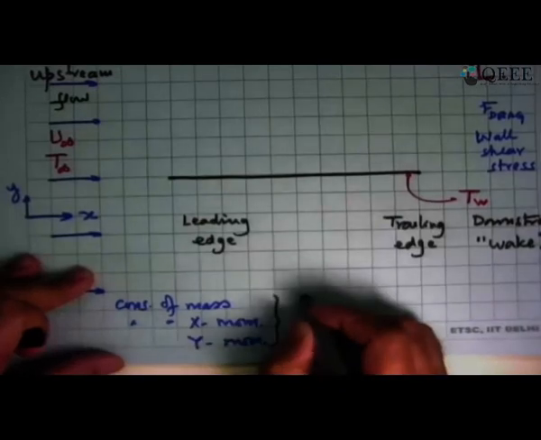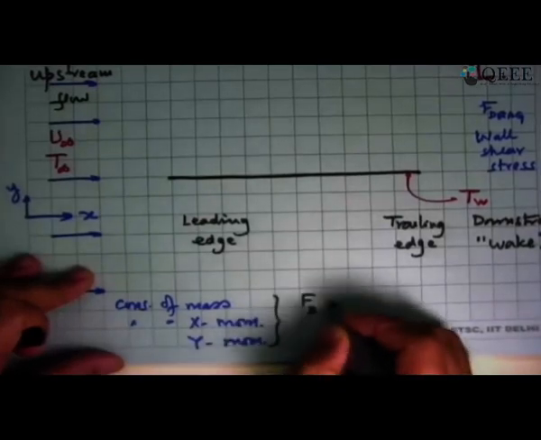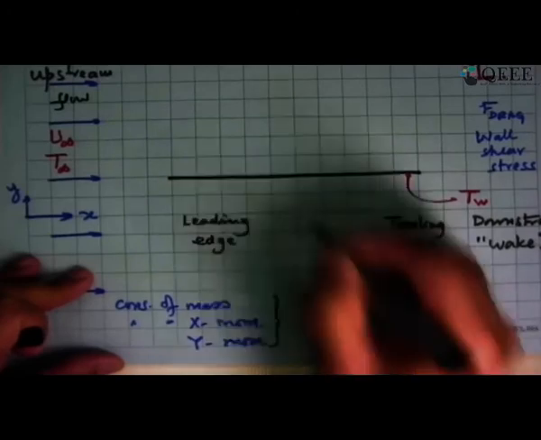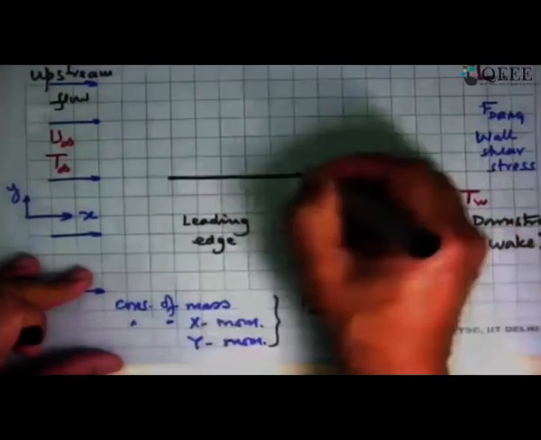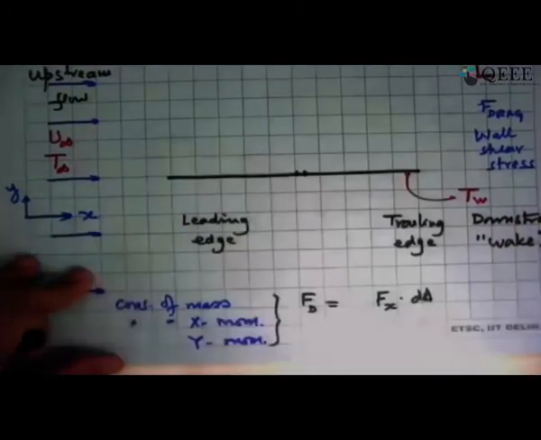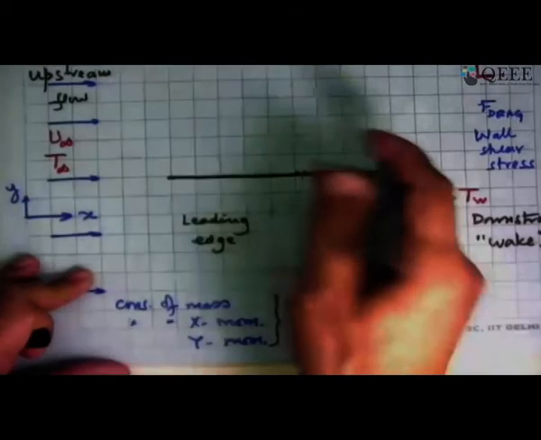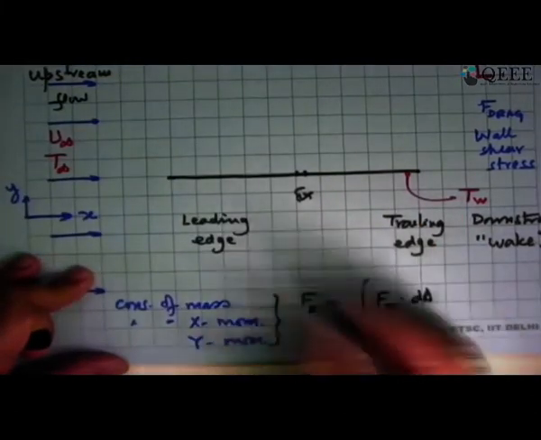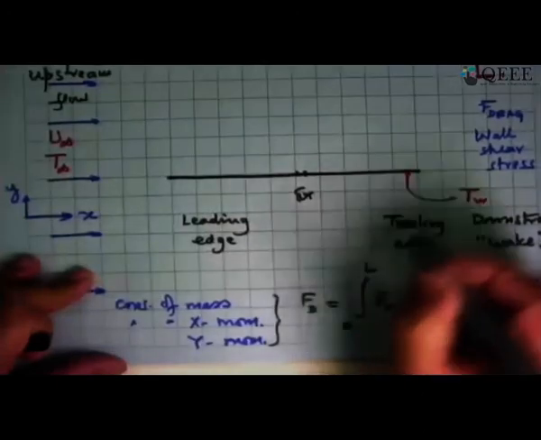So we say that the drag force, I will get for every elemental area, say at this point on this little element, multiplied by dA, which is unit length normal to the paper multiplied by delta x, and integrate it from 0 to L, the length of the plate.